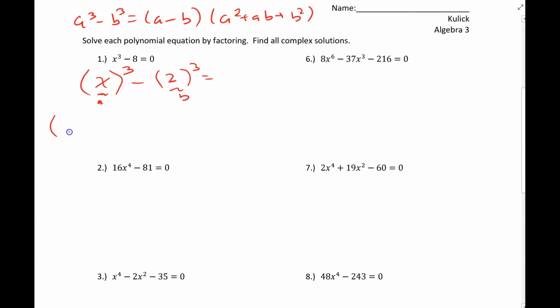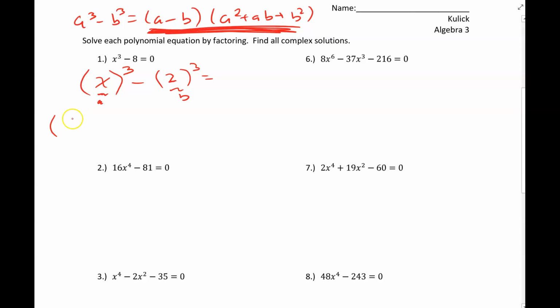Okay, so what will I write first then? Instead of writing A minus B, what do I write? What is A?